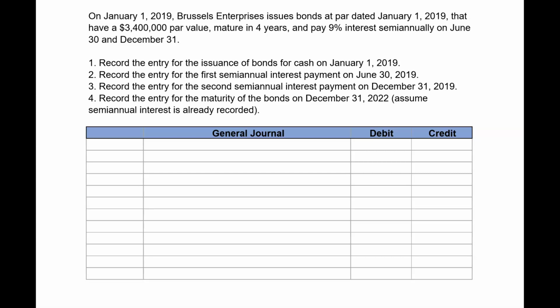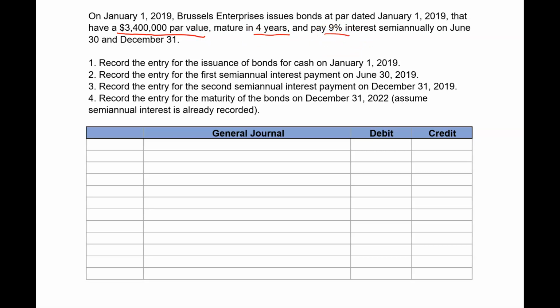They mature in 4 years, and they pay 9% interest semi-annually, June 30th and December 31st. We're going to work on 4 journal entries. The first one is the issuance of the bond. So I'm just going to underline a couple of things: the par value, it matures in 4 years, 9% interest.